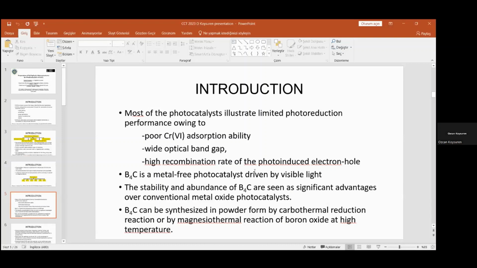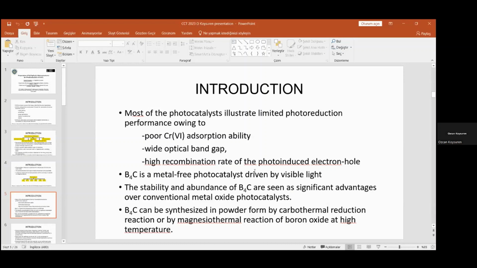Mostly used photocatalysts have a wide optical band gap, and the main problem is that most photocatalysts exhibit a high recombination rate of the photoexcited charge carriers. This is the basic problem, especially for the pure usage of a photocatalyst.